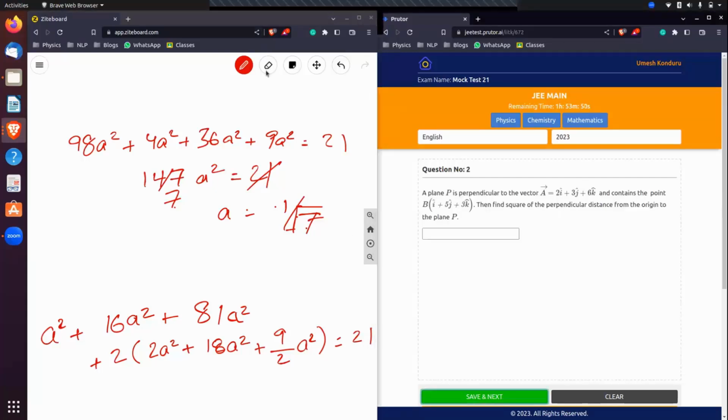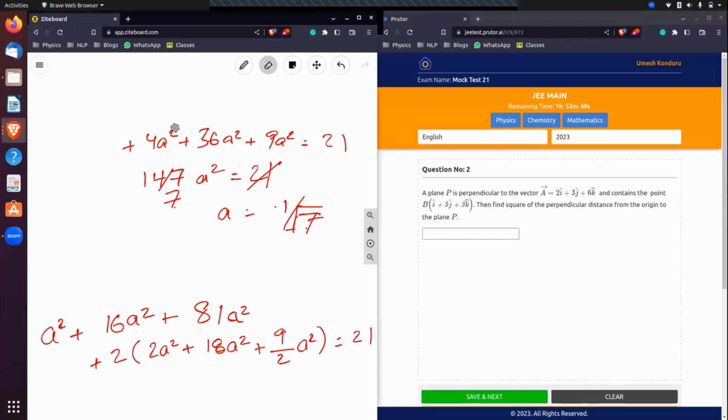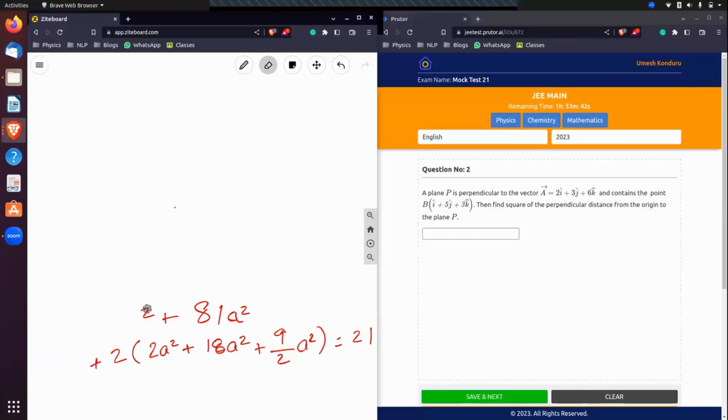Now for the equation of a plane, you've been given the vector it's perpendicular to. So that will determine the direction of the plane. And then you've also been given a point which it passes through. So that decides the plane uniquely.